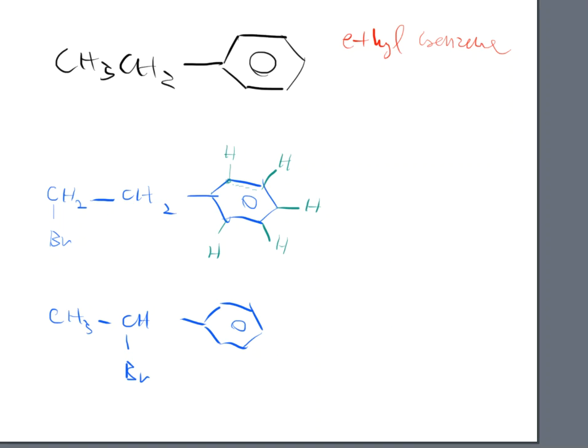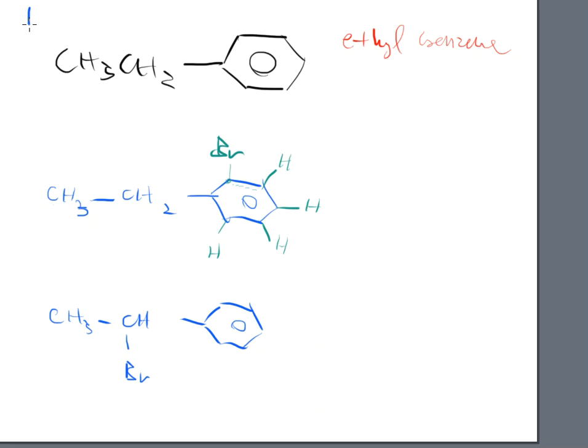So I'm going to do it all over again. I'm going to draw a bromine that is here. All right. So I'm going to go back and start with the original structure. And that original structure was a CH3 group on the end, CH2, and the benzene. So I'm now going to take one of those hydrogens off of the benzene and substitute that with the bromine. And then I need a question: is this a different structure than the other 2 that I've drawn?